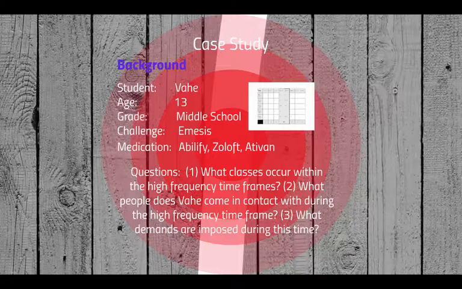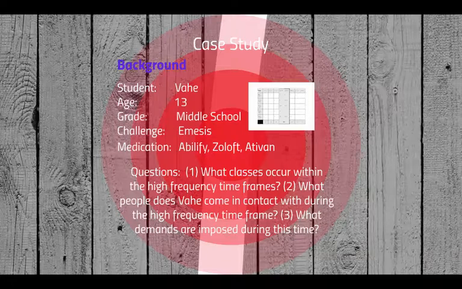Now let me give you a little case study just to bring some meaning to everything that we've been talking about so far. So I'll use a fictitious name, real student, but a fictitious name. Just call him Vahe. And his age is 13, an adolescent in a middle school. And the behavior of concern, one that I was asked to consult on, is what's referred to as emesis.